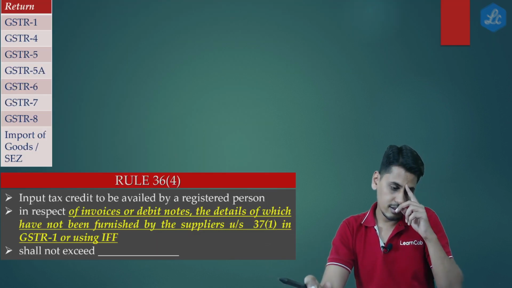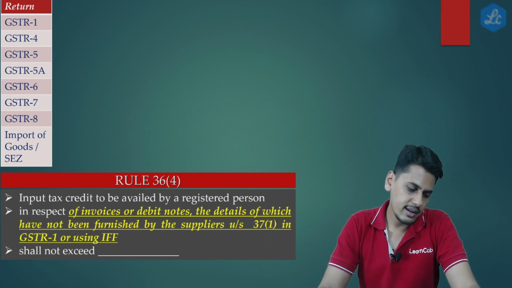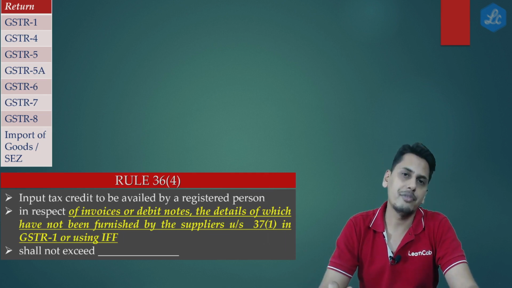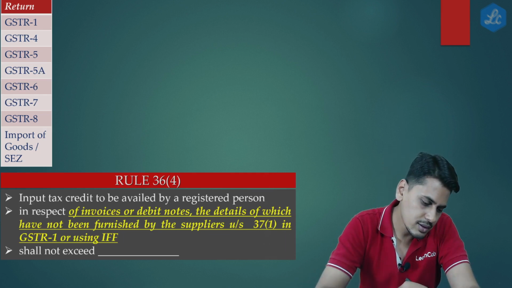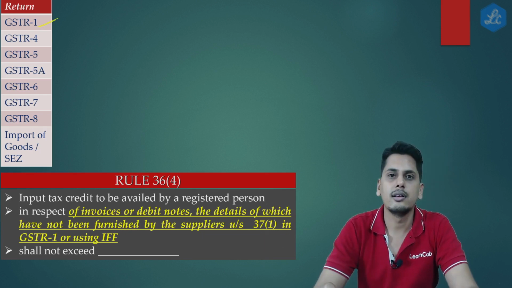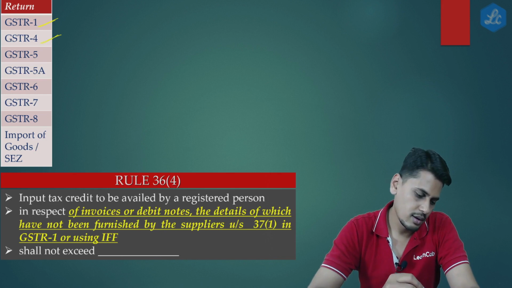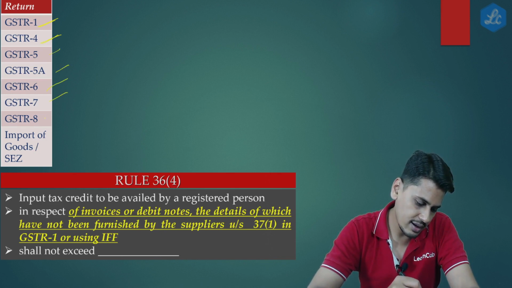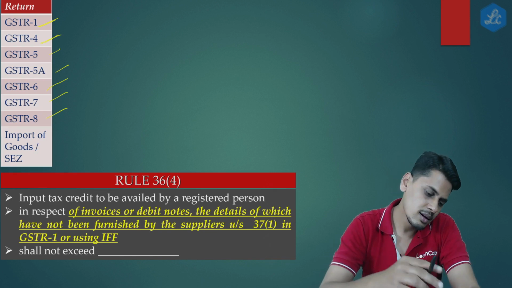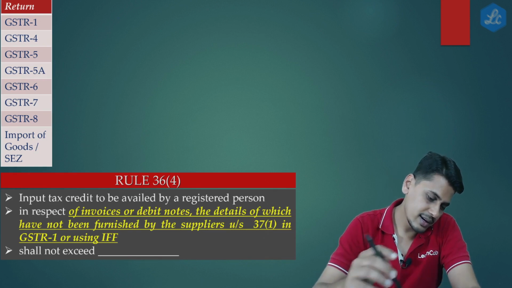Now friends, what are the returns which are being filed? GSTR 1 has to be filed, GSTR 4, GSTR 5, GSTR 5A, 6, 7, 8. Why are we discussing this?